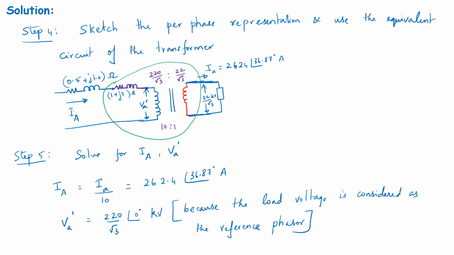So we have VA dash, we have IA. So now we can calculate our transformer's primary voltage, which will be the voltage appearing here. Let me redraw the single phase system with a new set of quantities. This is the feeder. This is the transformer impedance. This is the ideal transformer with a turns ratio of 10:1.